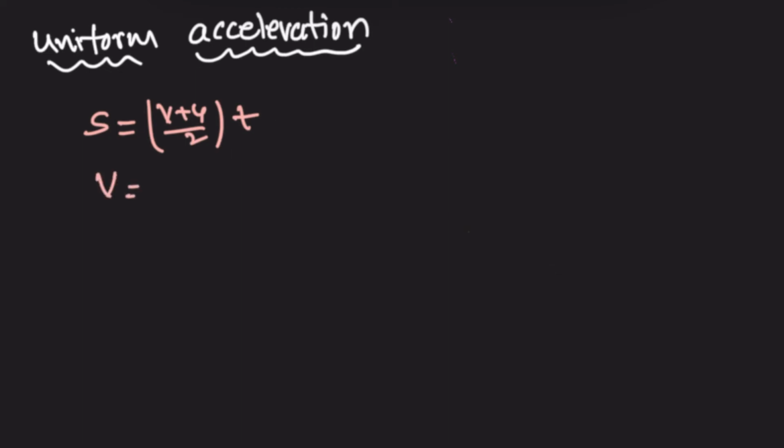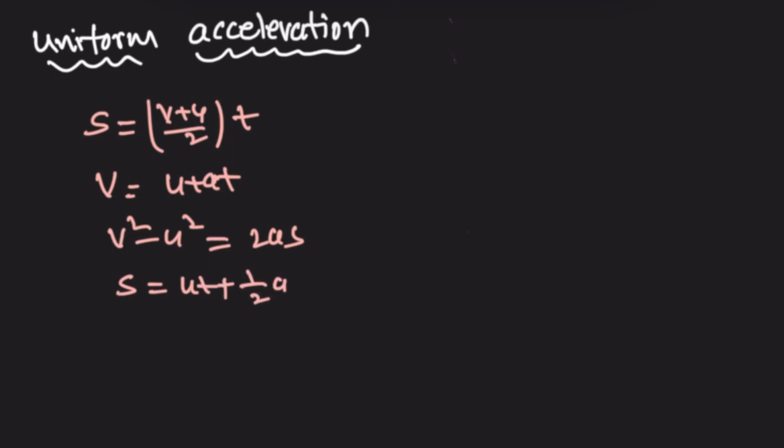V is equal to u plus at. Next, v square minus u square is equal to 2as. S is equal to ut plus half at square. Next, s is equal to vt minus half at square. So these are the kinematic equations.